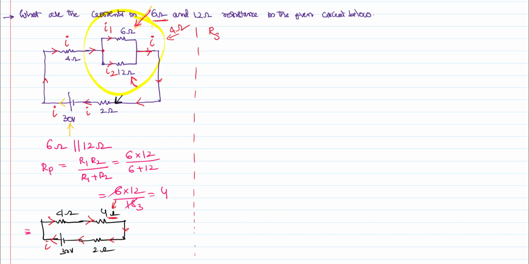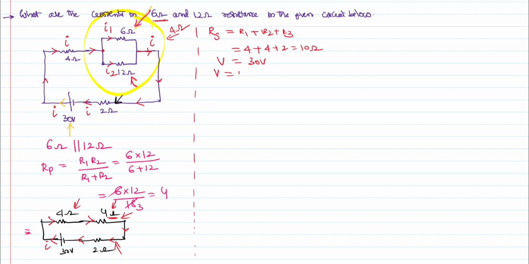So we know the formula: R series is R1 plus R2 plus R3. R1 is 4, R2 is 4, R3 is 2. So 4 plus 4 plus 2 is 10 ohms. The total voltage of the circuit is 30 volts and total resistance is 10 ohms.